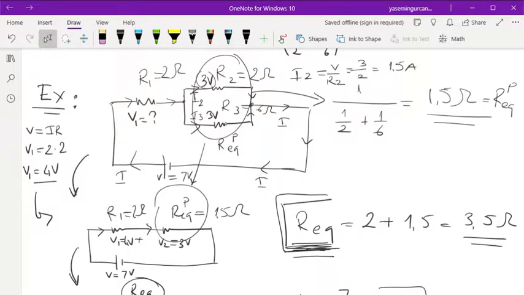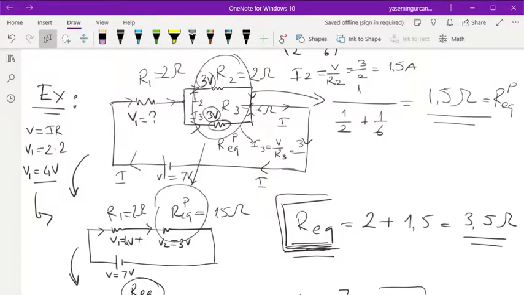And what is the current on R3? If it has 3 volt, which we found out that it has 3 volt, so you would basically write for this resistor here, I3 is equal to V divided by R3, and voltage on this resistor, as we wrote, is 3 volt.